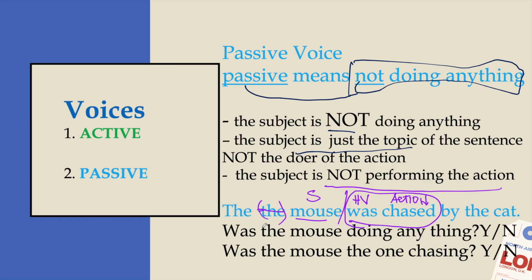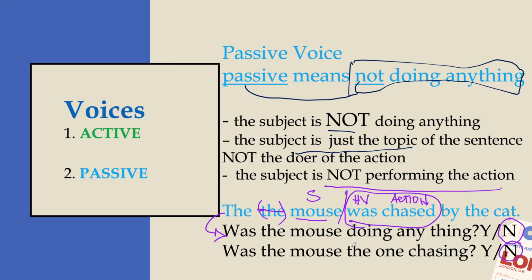To understand the passive voice better, let's ask a question based on the sentence. Was the mouse doing anything? No, we're just talking about the mouse. The mouse is just the topic of the sentence. Was the mouse the one doing the chasing?